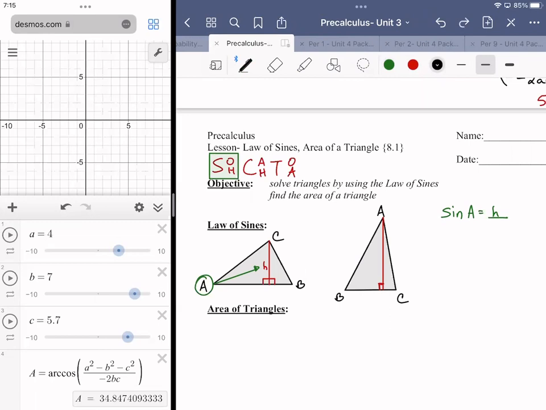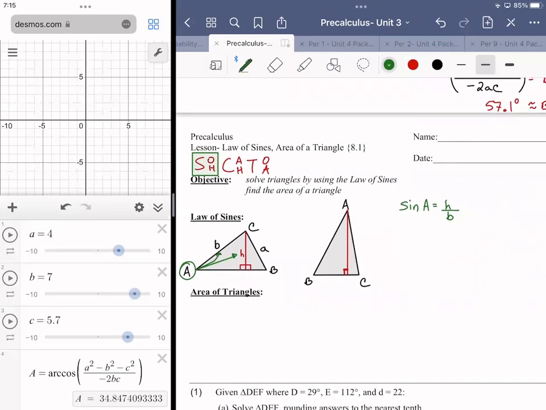So opposite angle B is side B, opposite angle A is side A. So I would say the sine of angle A is the opposite over the hypotenuse. Sine of A is equal to H over B, right? Now I can take that and solve it for H, right? So if I cross multiply, H times 1 is H is equal to B times the sine of A.